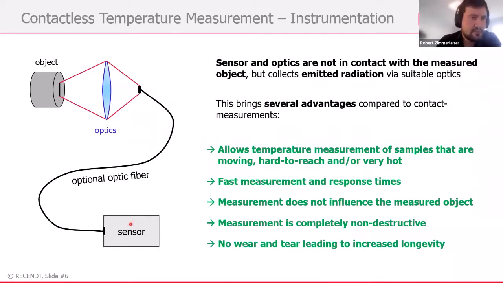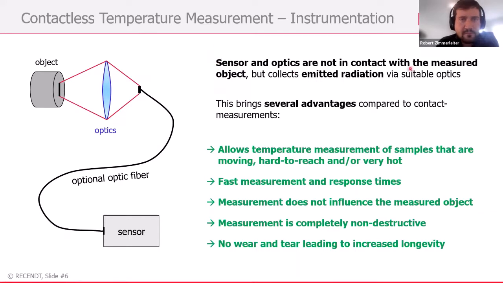Alternatively, you could also couple the light directly into the sensor, but for convenience, and sometimes also for protection of the sensor, it's often much better to use an optic fiber, which you can use for many meters in the industry, to get your sensor to a safe position and guide the light towards where you need it.